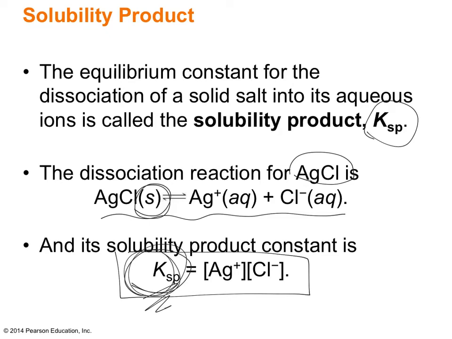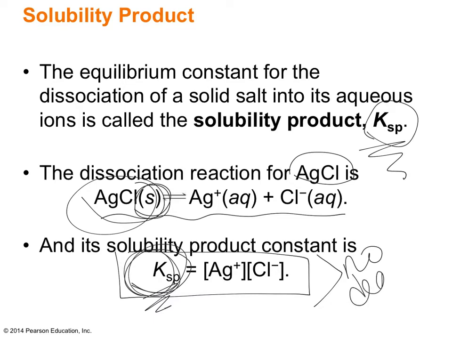In any case, with all KSPs, the reactant side, the substance on the left side of the arrow, will always be a solid. And so you will never see KSPs having a denominator because of that. All of the equilibrium expressions for KSP will only have numerators.